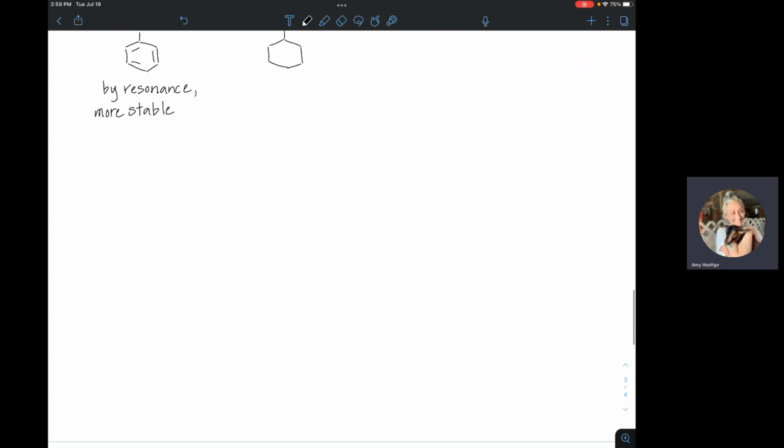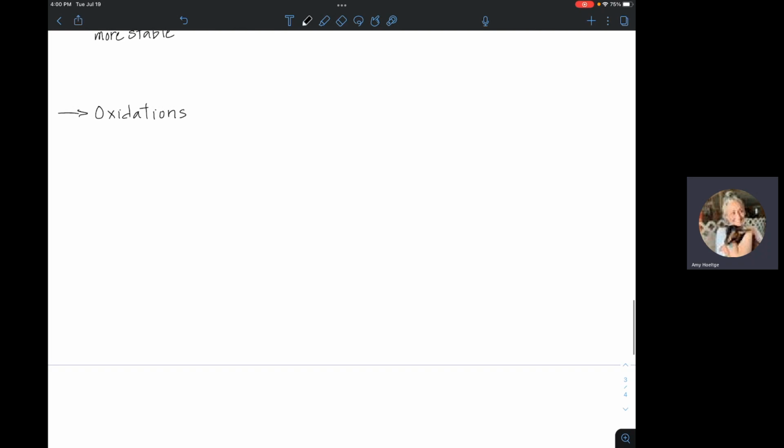Another type of reaction that we see with alcohols are oxidation reactions. You can actually get other functional groups by oxidizing an alcohol. We're going to try to keep this as simple as possible and just talk about a couple of characteristic reagents that we should be mindful of.